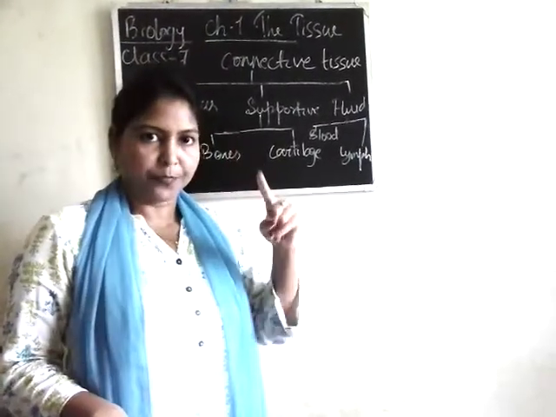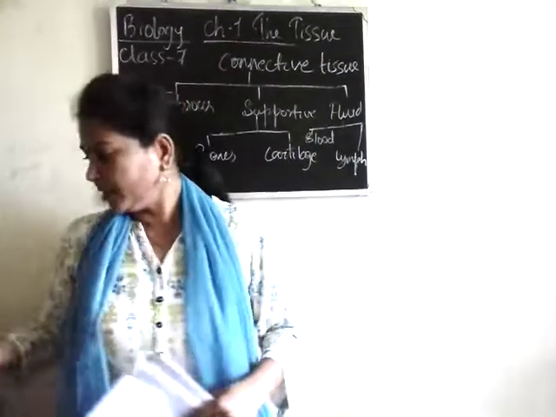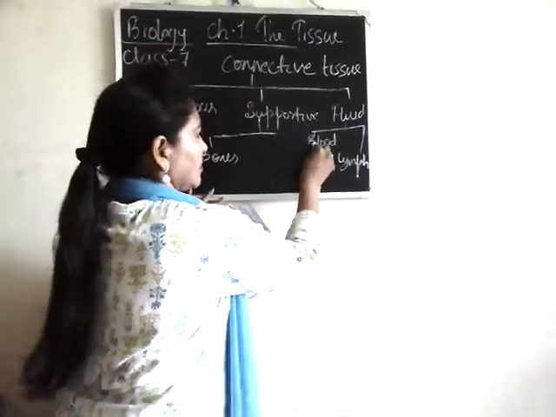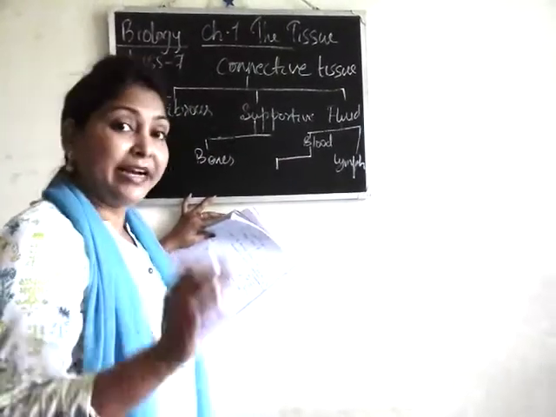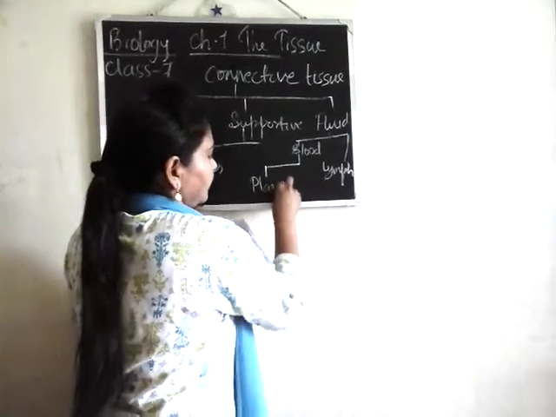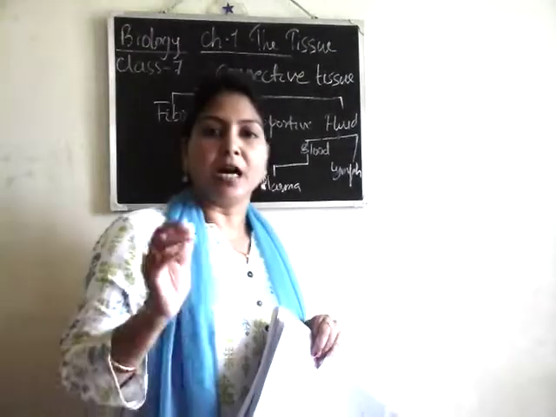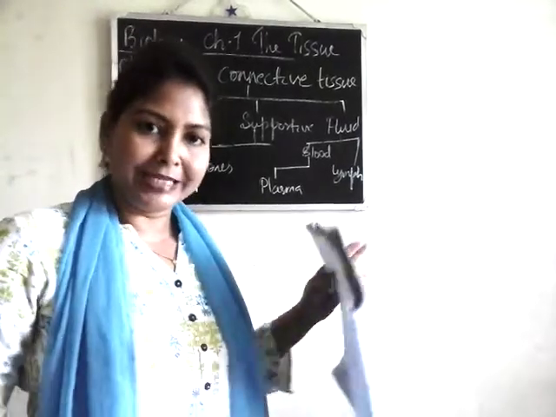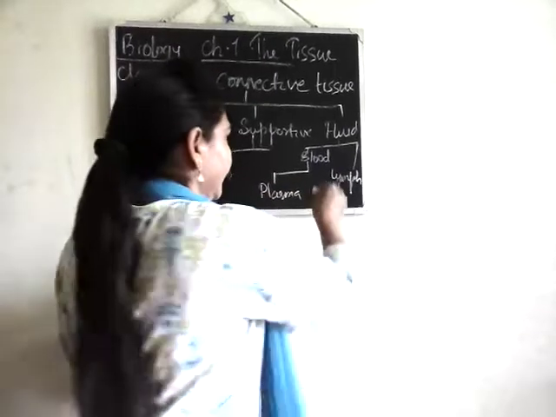One, the liquid part, which is called plasma, and another, the cellular parts. There are three cellular parts, that is RBC, WBC, and the third part is platelets. So basically blood is made up of these two parts.